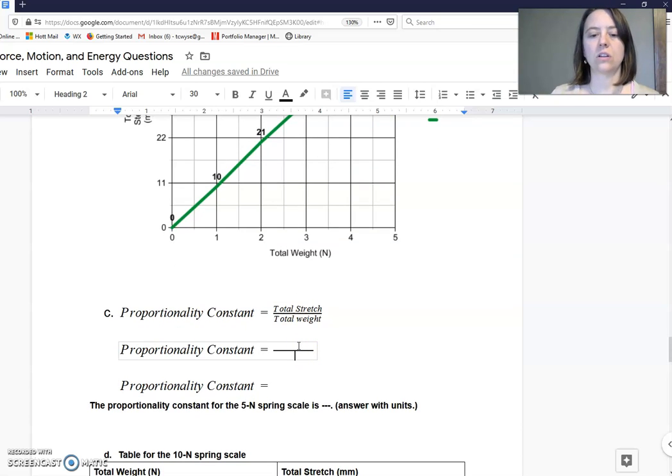So I will put my total stretch here at the top and then do my right arrow to go to the total weight, which is 5 newtons, and then down to go to the proportionality constant where I put my answer, divide it out, get an answer, and then my units, remember, will be millimeters per newton.